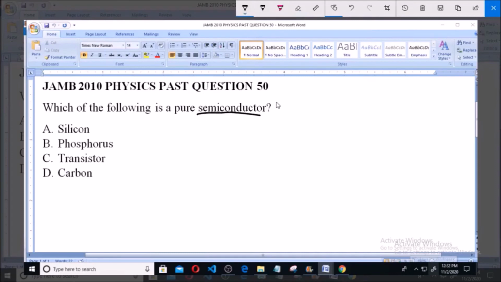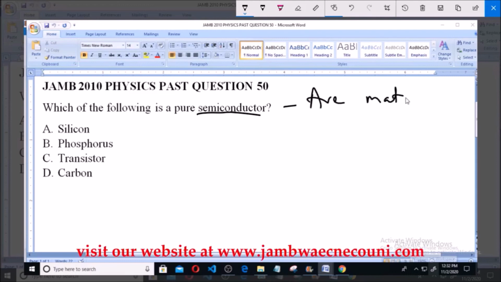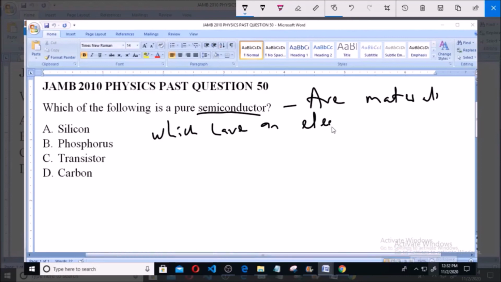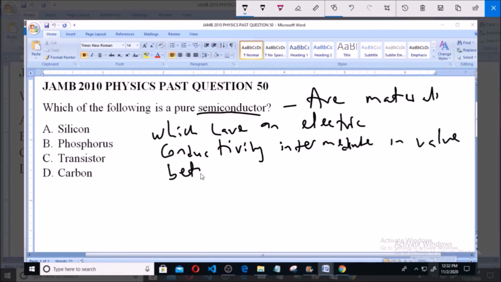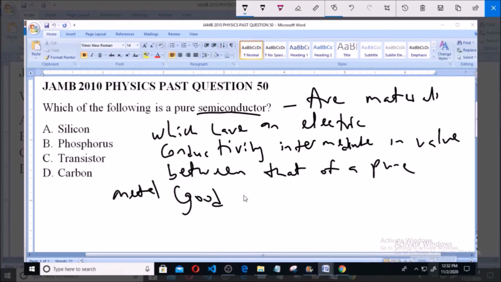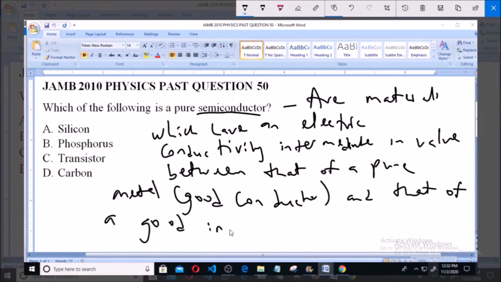Now, a semiconductor is a material, or semiconductors are materials which have an electric conductivity intermediate in value between that of a pure metal, which is a good conductor, and that of a good insulator.